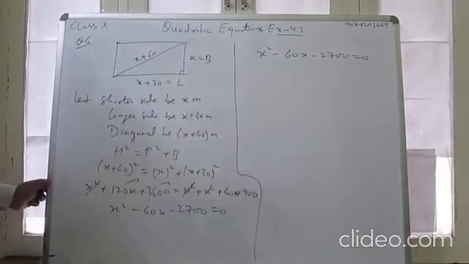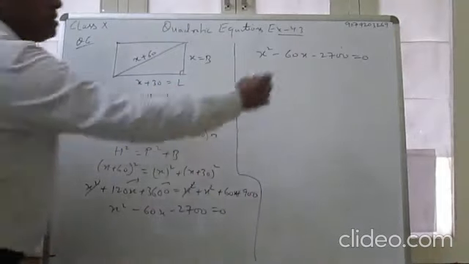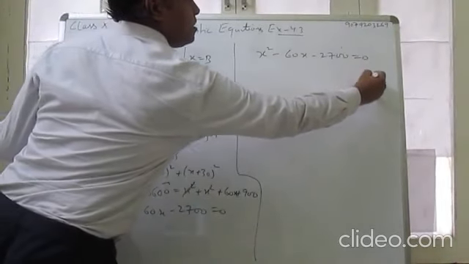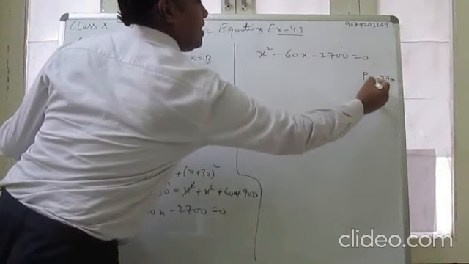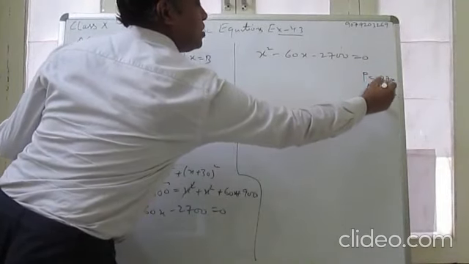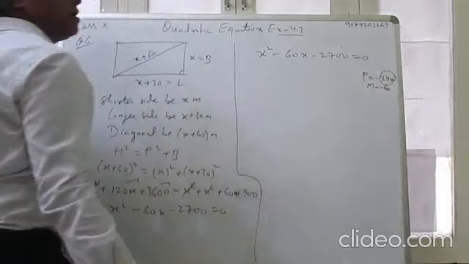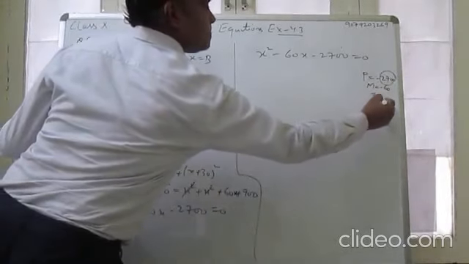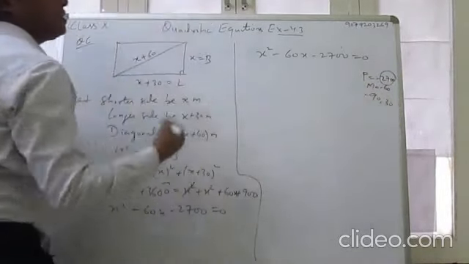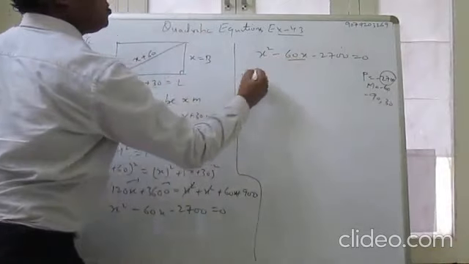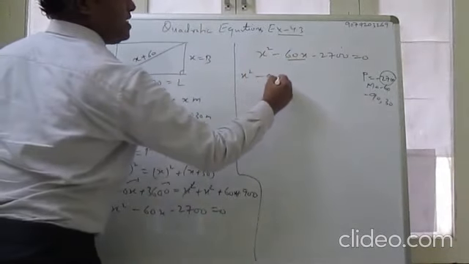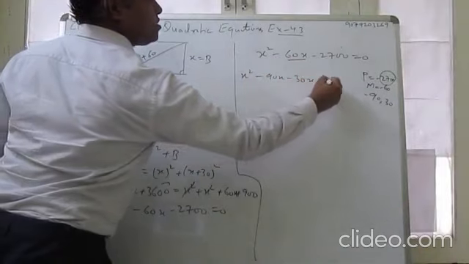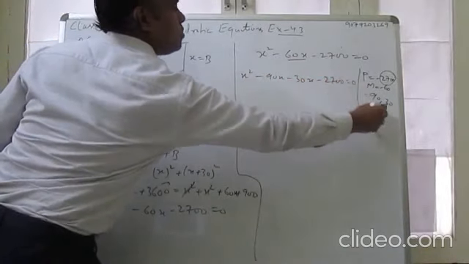So what is the product? The product is minus 2700 and the middle term is minus 60. What are the factors of this? 90 and 30: minus 90 plus 30. Instead of this you can write x square minus 90x plus 30x minus 2700 is equal to 0.